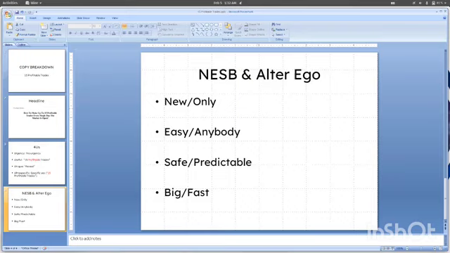Predictable means results have been obtained predictably. Other people have used this particular solution that we are trying to market to the reader, and they have obtained results. More than one person has obtained results, or in multiple scenarios this particular result has been achieved.